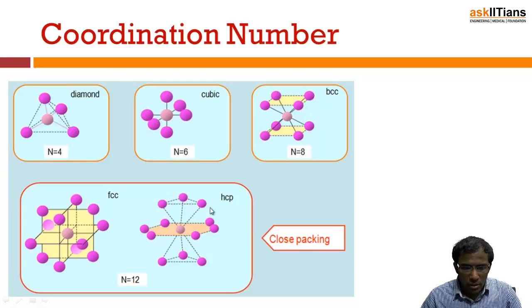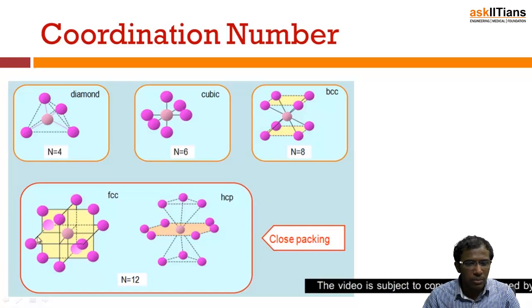We already studied the coordination number in HCP, that is 12, and even in FCC the coordination number is 12. Say if I compare this particle, it is in contact with 4 particles in this X plane. Let's suppose this is one plane, and this particle is also in contact with the other 4 particles in a plane perpendicular to the previous plane.